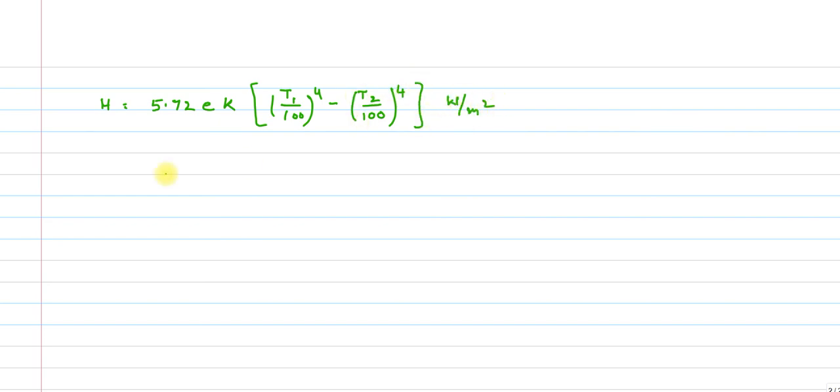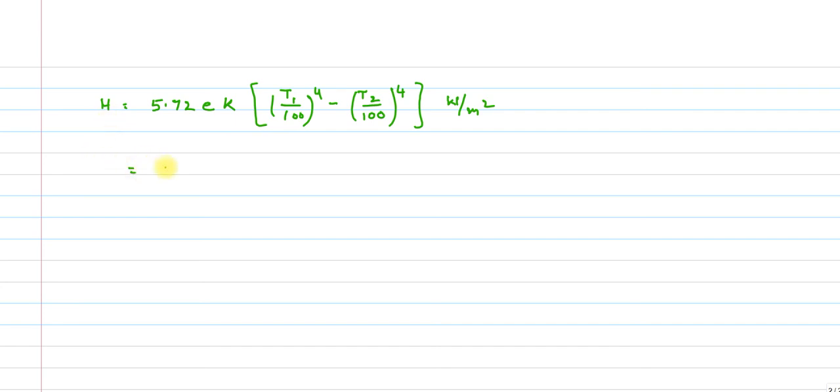According to Stefan's law, again H is equal to 5.72 E K into (T1 by 100 whole power 4 minus T2 by 100 whole power 4). This is the Stefan's equation, in watt per meter square.